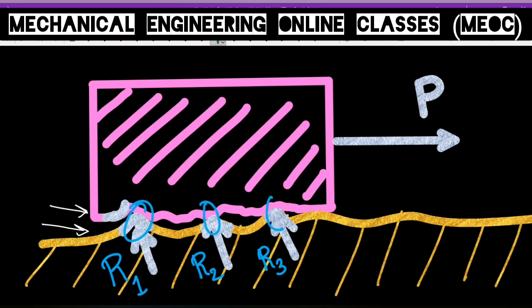So at different points there will be different reactions. Let us name all these reactions at different points, say R1, R2 and so on till Rn. The figure that we are seeing is only two-dimensional, but the surface and the object will be three-dimensional. So in the direction perpendicular to the plane of the screen also, there will be many such sections and there will be many such points of contact. At all these points there will be reactions.